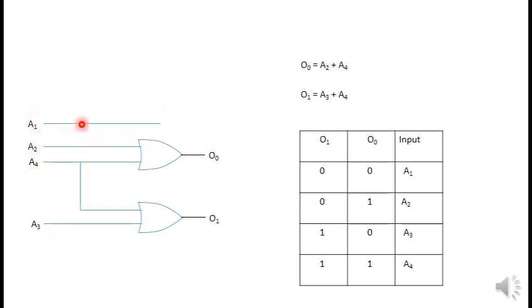Here A1 will remain idle, and it is connected to ground, because A1 has code 0 0, and if we do not give any information at A2 to A4, both output lines are at 0 0 level.